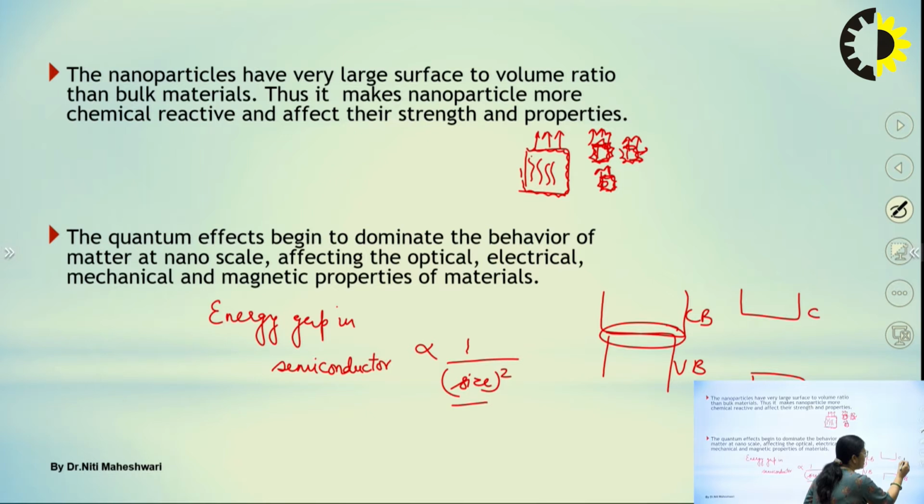That means there is an energy difference between the valence and the conduction bands, and only specific transitions are allowed, which are specific to different wavelengths. Therefore, the properties of the nanomaterial are going to change, and this confining of the particles to one energy level is known as quantum confinement.